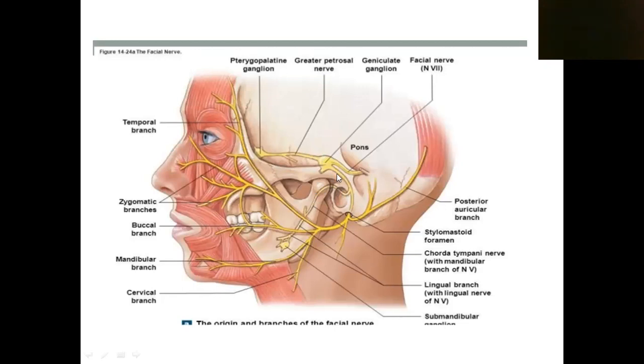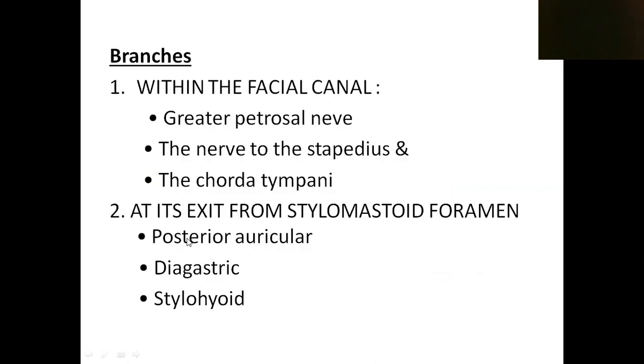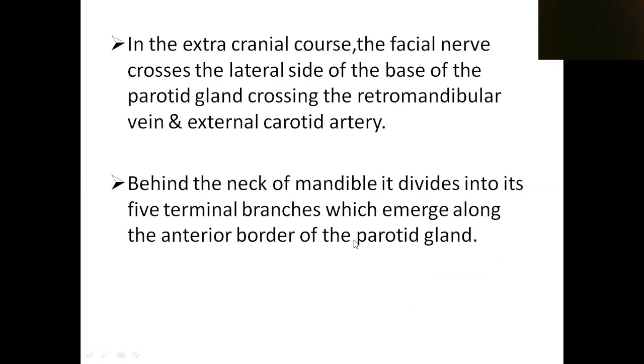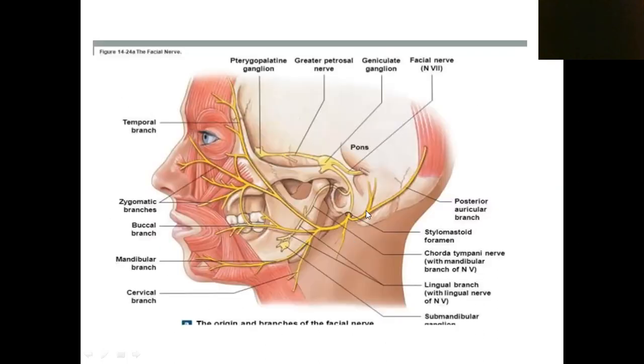So inside the petrous bone, it gives 3 branches. What are they? One is the greater petrosal, the other is the nerve to stapedius, and the last is the chorda tympani. Then immediately after the stylomastoid foramen, it gives some other branches. One is the posterior auricular. See here comes the auricle or pinna.